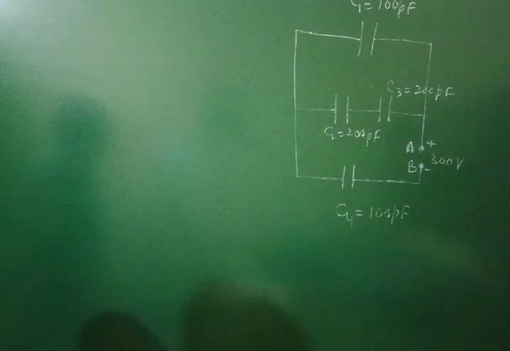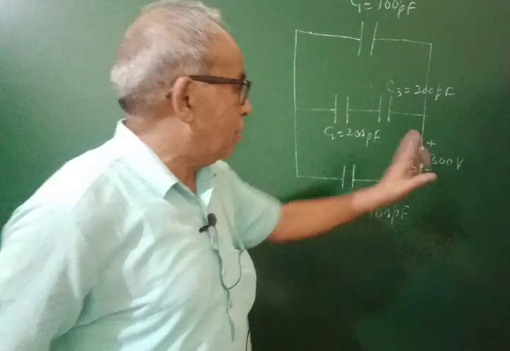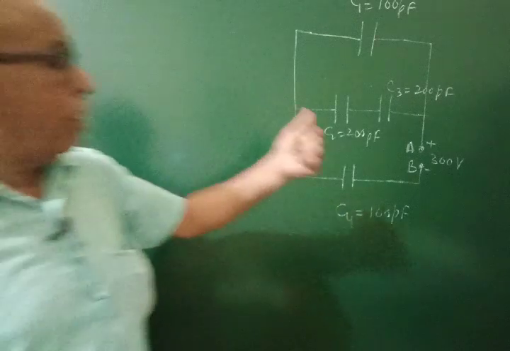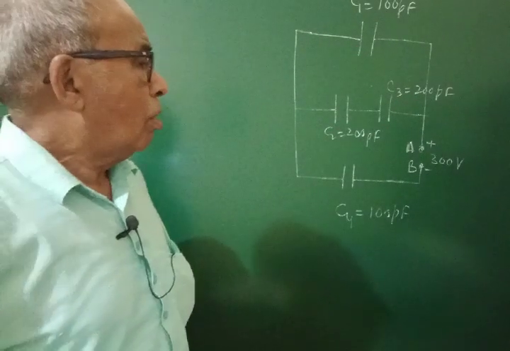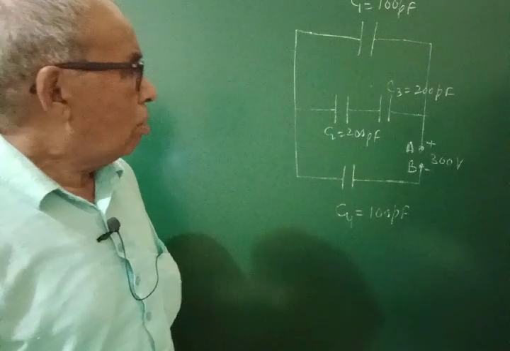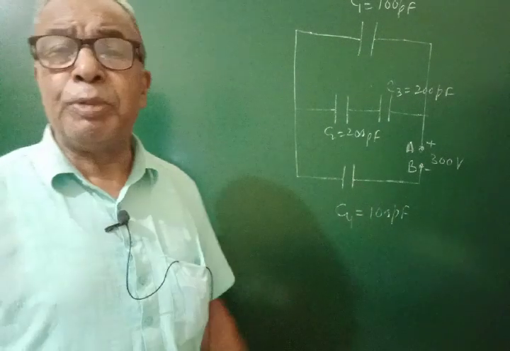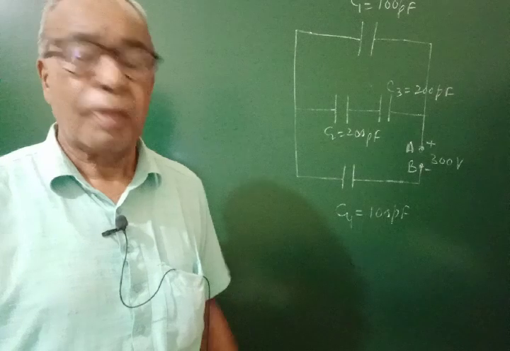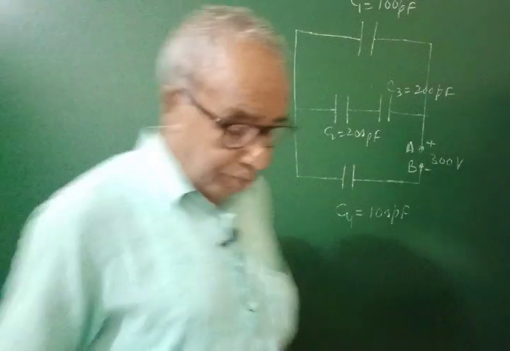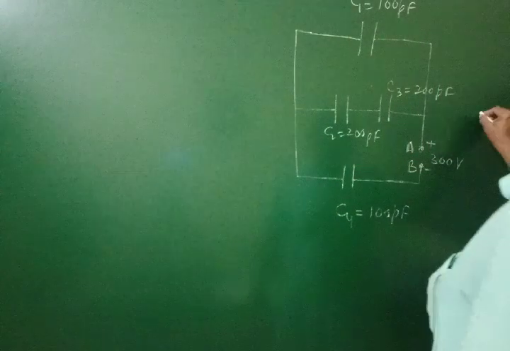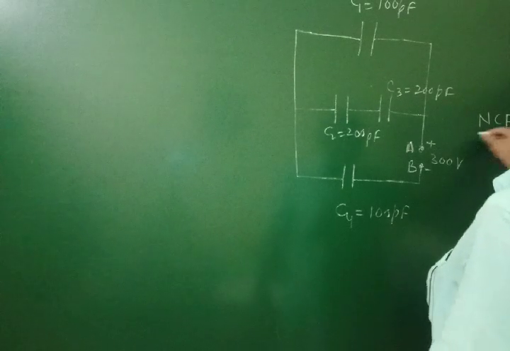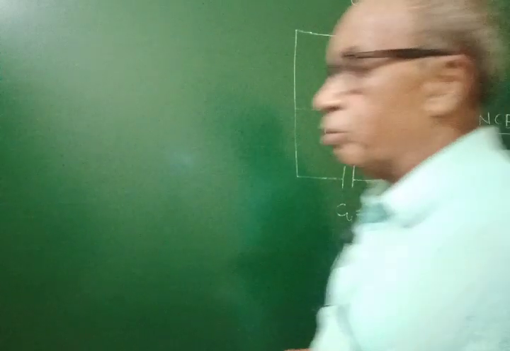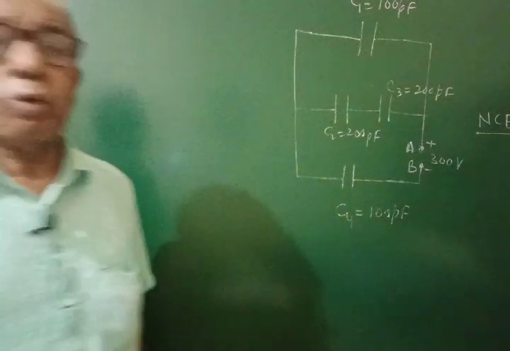You are asked to find the equivalent capacitance between A and B, the charge on each capacitor, and the potential difference between the plates. This is a question from NCERT, an important question for you. So how to solve this?